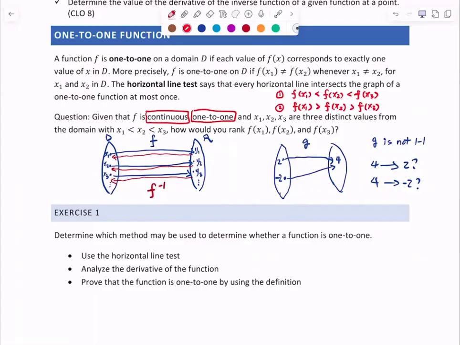First derivative test. So you are able to use the derivative to test whether or not the function is increasing or decreasing, and then determine whether or not it's one-to-one. If it's strictly increasing, it has to be one-to-one. If it's strictly decreasing, it is one-to-one. There's no repeated value there. So the derivative can do it.